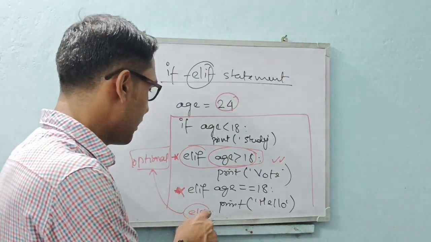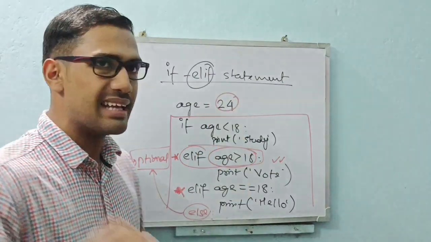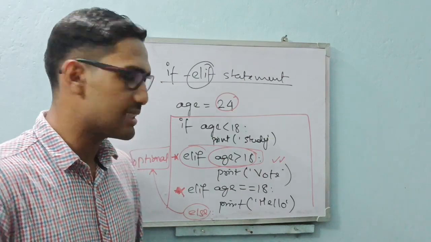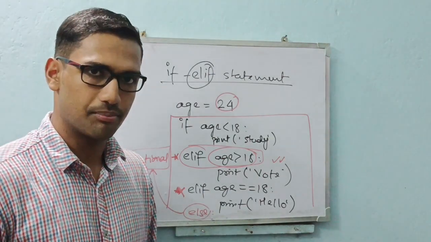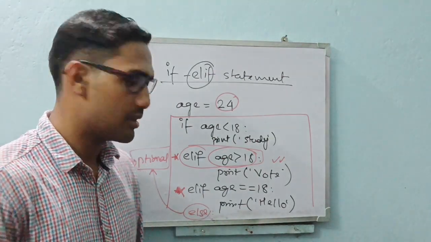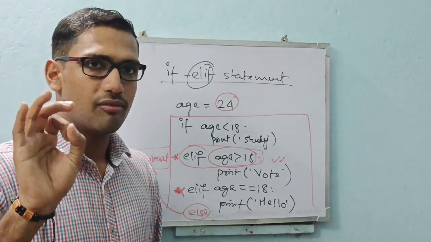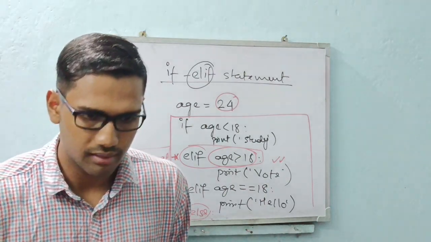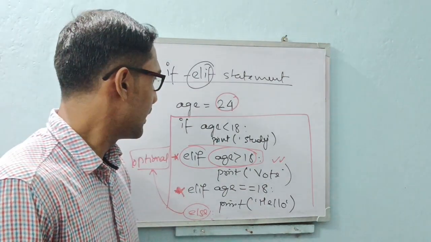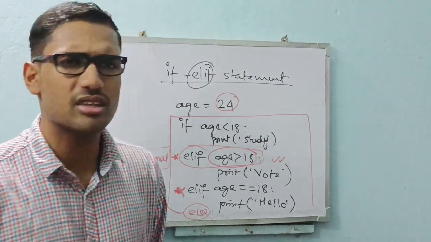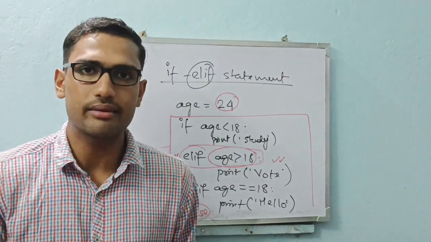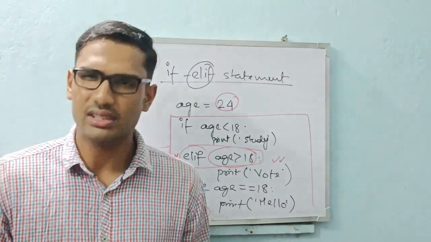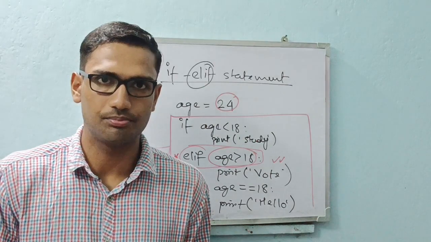In the case of an if-elif statement, the else, if you want to give it, would be the last condition. That else will evaluate when all the conditions evaluate to false. The last option, you can say. We basically follow this structure when we write a menu-driven program.